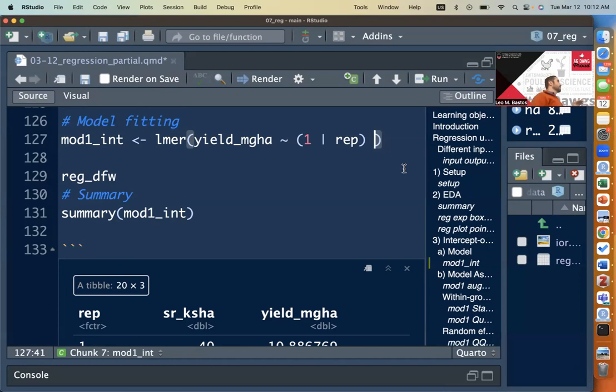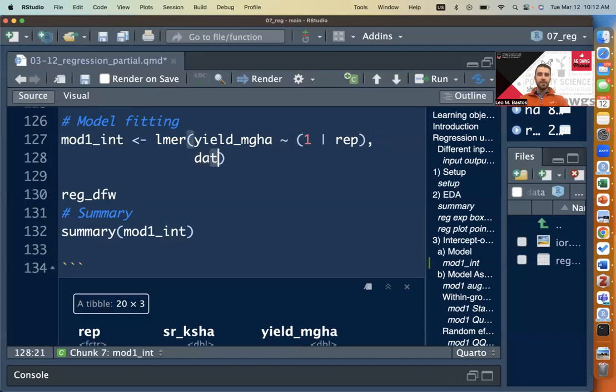That's because every model has at least an overall intercept and then the factors that you specify after. So if I just want that intercept, I just leave it like this. I just have my random component and then the intercept is implied already. So after this, just to complete, we have to give it a comma and say data equals reg underscore df.